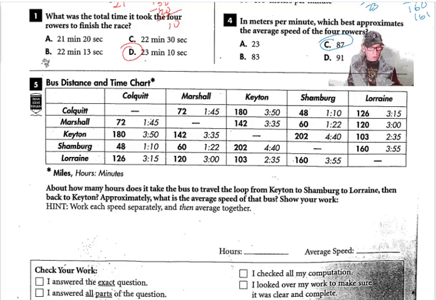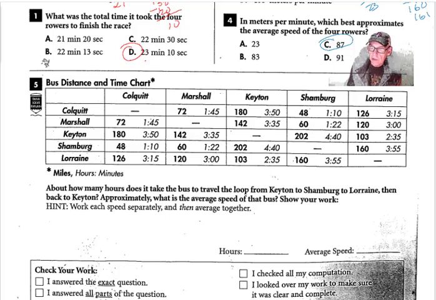About how many hours does it take the bus to travel the loop from Keaton to Schaumburg to Lorraine, then back to Keaton? And then what's the approximate speed of the bus? So let's see.